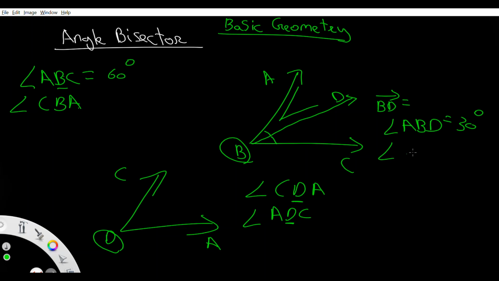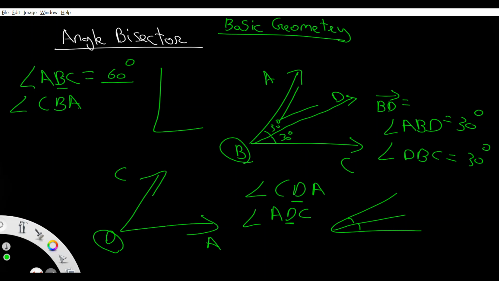And angle DBC would also be 30 degrees because 60 divided into two equal parts is 30. So this would be 30 and this is also 30. So that is an angle bisector. An angle bisector is basically a ray that bisects an angle into two equal parts. If you have a right angle triangle, an angle bisector would divide it into 45 and 45.